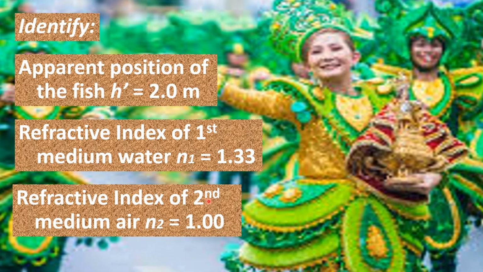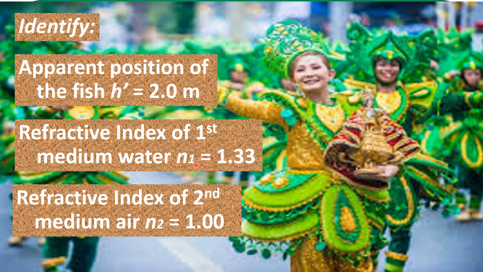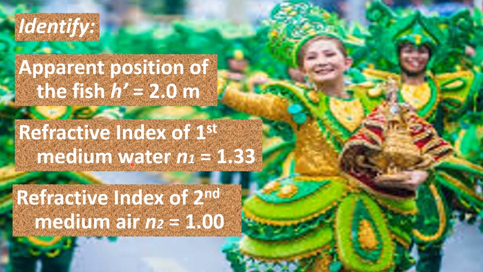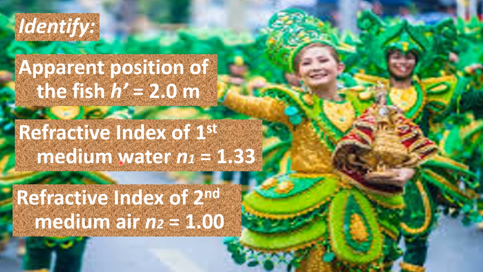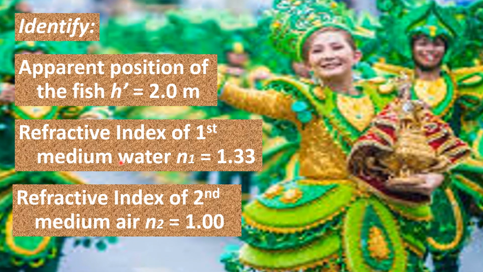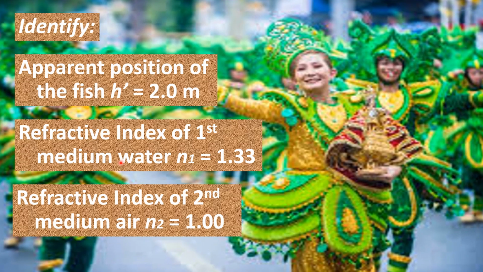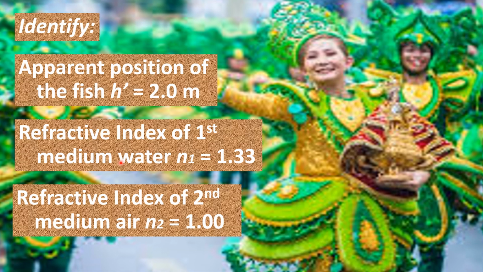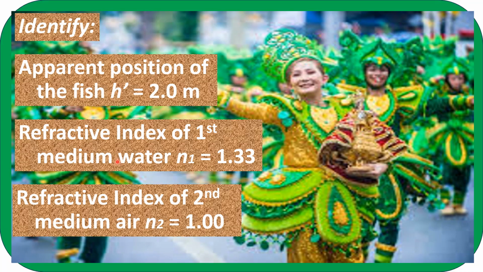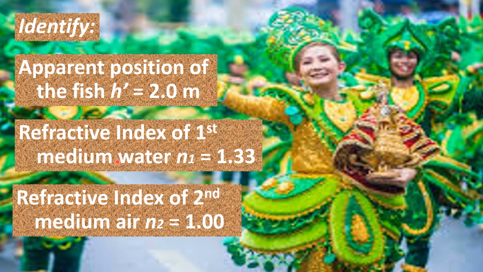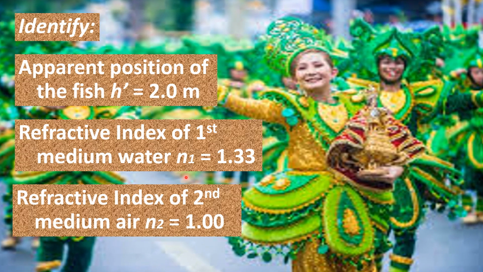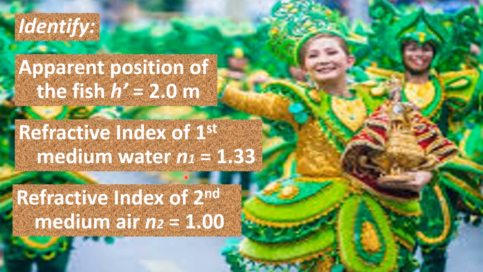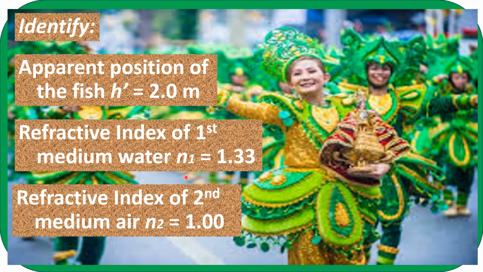The first medium is water because we are considering the fish as the object, and incident light rays will be coming from the object, from the fish, that is, and will emerge to the second medium, which is the air.